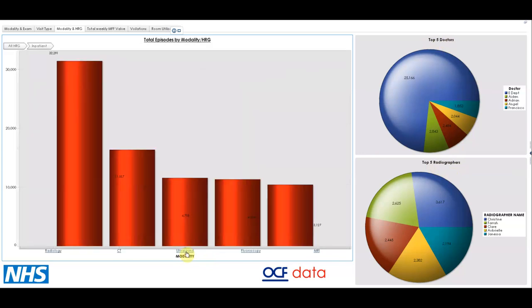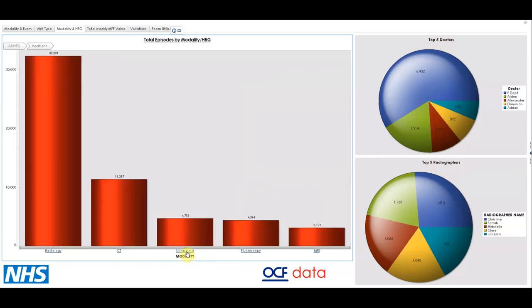Now I can drill down into inpatients to see who are the top 5 doctors and radiographers for the inpatient department. Here you can observe that a large number of emergency department doctors refer their patients through the inpatient type. I can now click on radiology to see who are the top doctors and radiographers.